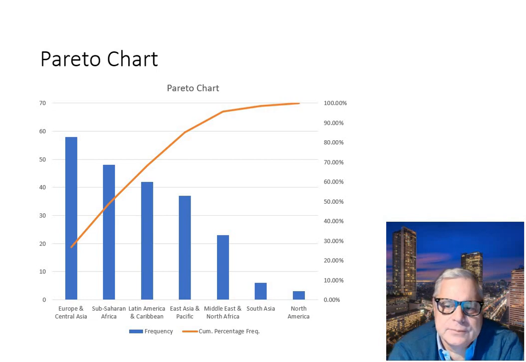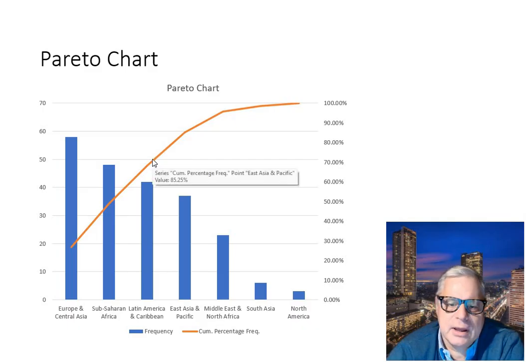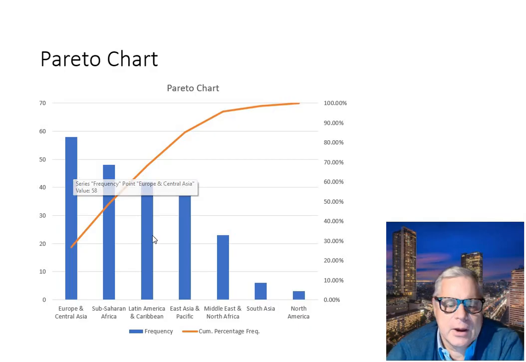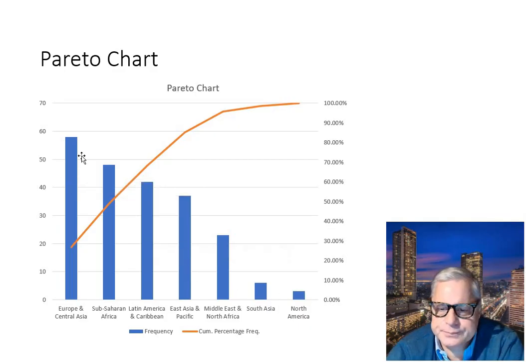And then, if you want to see, for example, in our example, where do you have 70% of all the countries, we can go to 70% and we go left, and as soon as we hit the cumulative frequency, we see that in fact 85% of all the countries can be found in Latin America, Sub-Saharan Africa, or Europe and Central Asia. So that would be a Pareto chart.